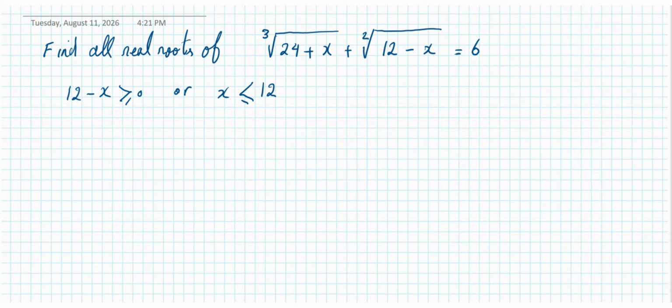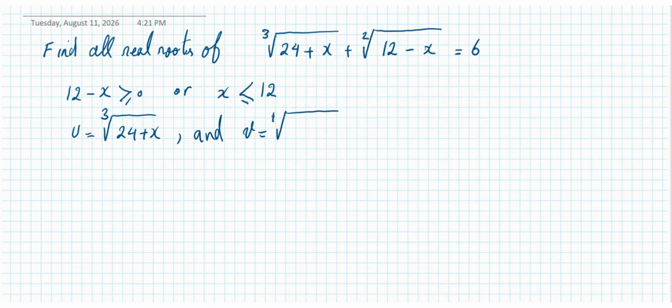Now, we change variables. We assume u is equal to the cube root of 24 plus x, and v is the square root of 12 minus x.